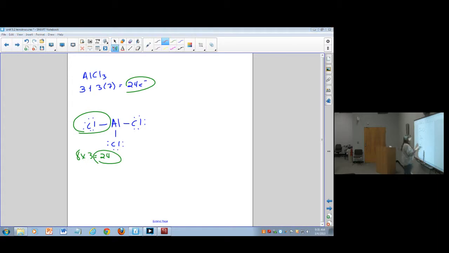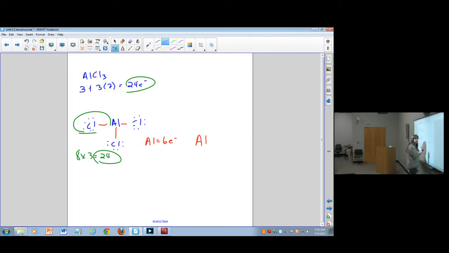Well, aluminum has 6 electrons. It doesn't fulfill the octet rule, right? Because there are 3 bonds with 2 electrons each. And now aluminum's got a problem here. Or does it? And the answer is no, it doesn't. Let me show you why.